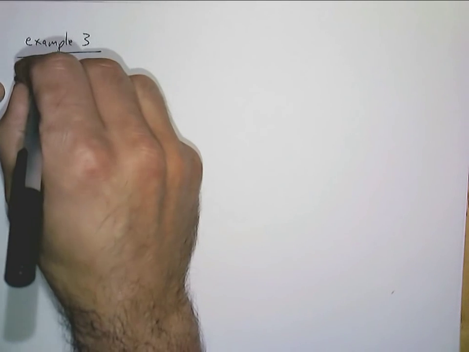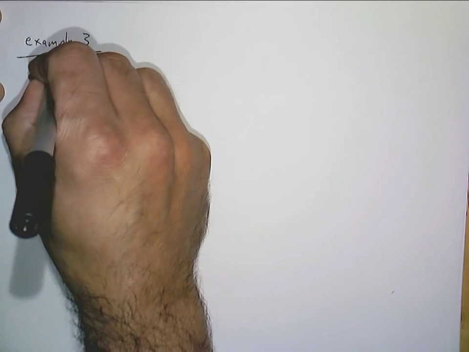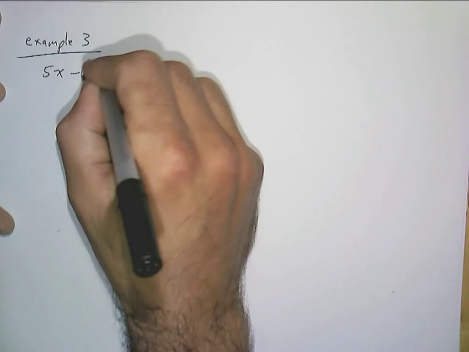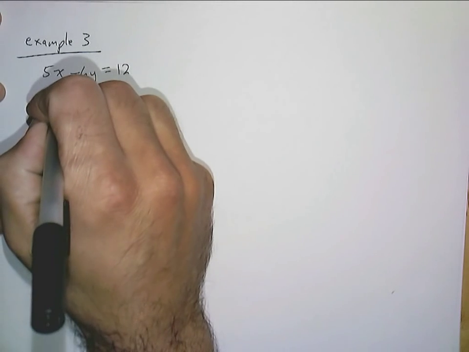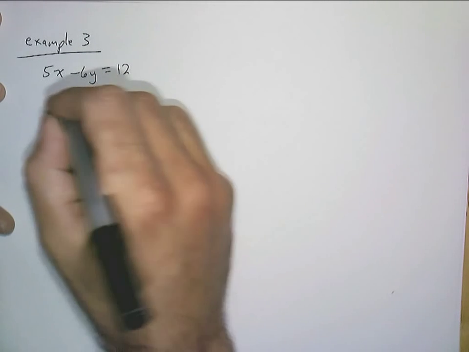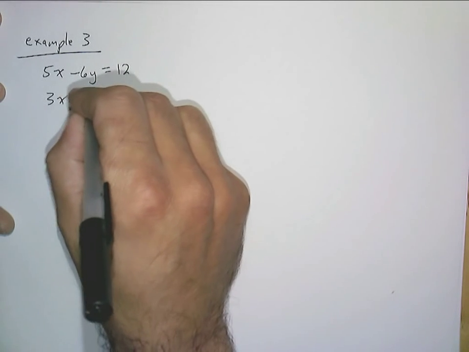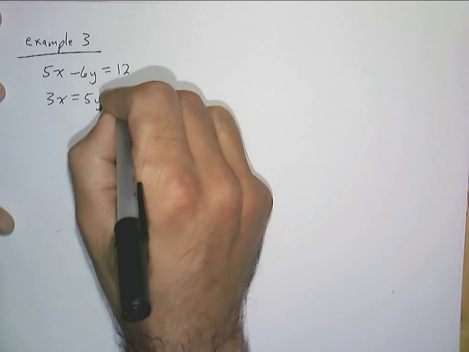Let's try this. 5x minus 6y is equal to 12, and 3x is equal to 5y plus 24.